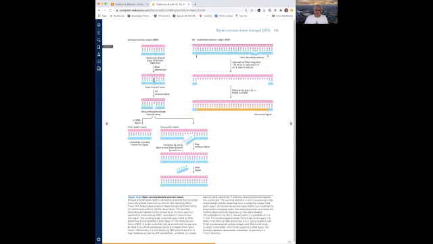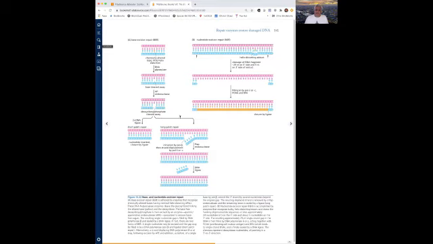Here the base is cleaved, just the base, and then the backbone is excised, right? It's not possible to replace the base without putting the nucleotide back. So one way is to just replace the nucleotide. That's called the short patch repair.